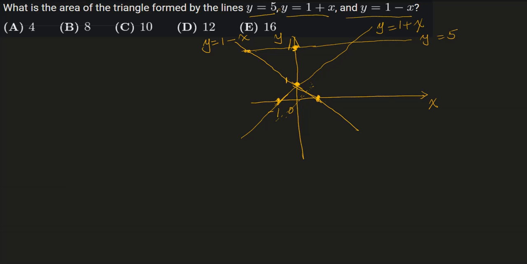So let's call this intersection A, this intersection B, and this intersection C. Good. So all we need to do is to compute the area of this shaded part. That's the triangle formed by the three lines.